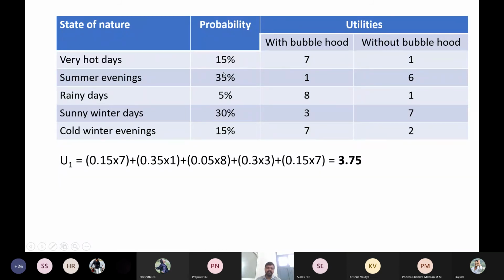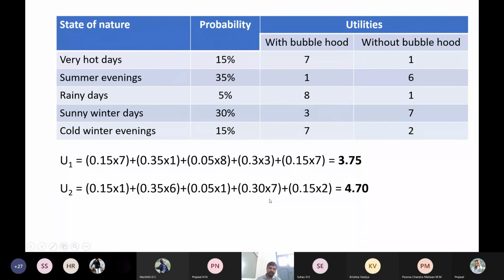It is given in percentage, so convert that into decimal: 0.15 into, then 0.35 into 1, 0.05 into 8, then 0.3 into 3, 0.15 into 7. You will get 3.75. Similarly, consider without bubble wood, that means without the protective layer. You are going to get 4.70.